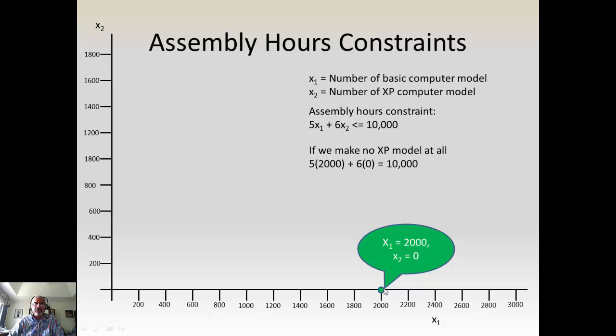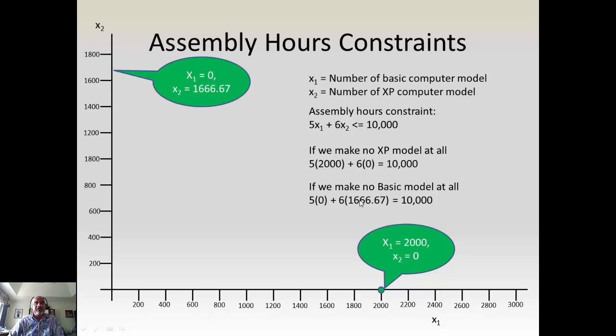So that represents 1 point. If you do the reverse, not producing any base model but producing only XP, that will be 1666.67 units of the XP model. That will use up all of the 10,000.